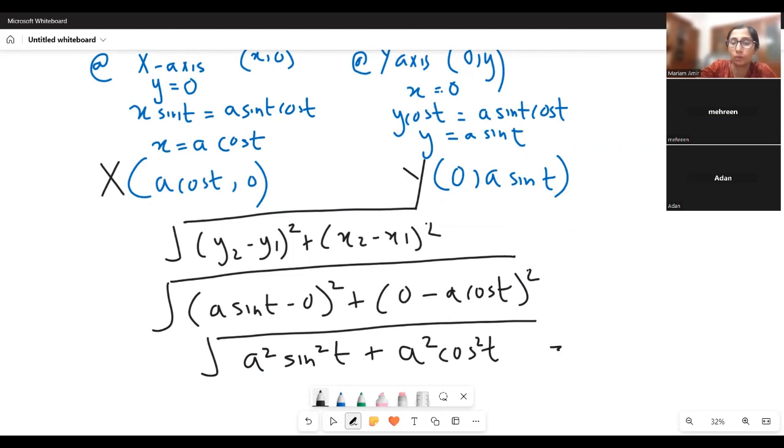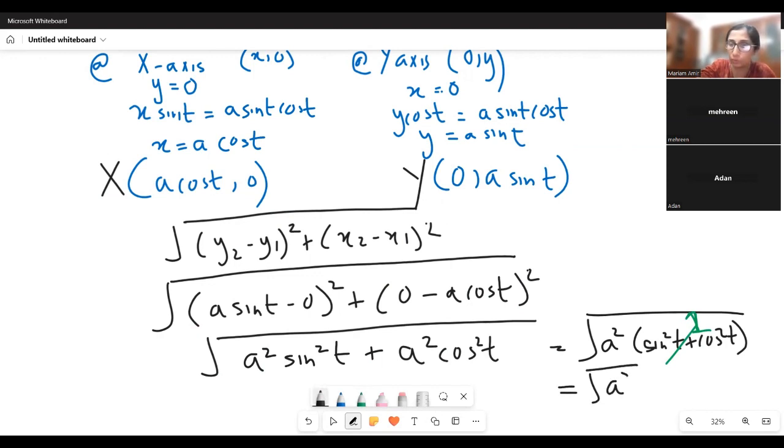Take a square common. So you get the identity sine square t plus cos square t, which is 1. So then the distance is square root a square, which is just a.